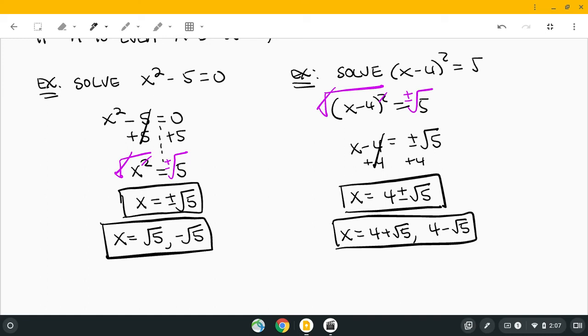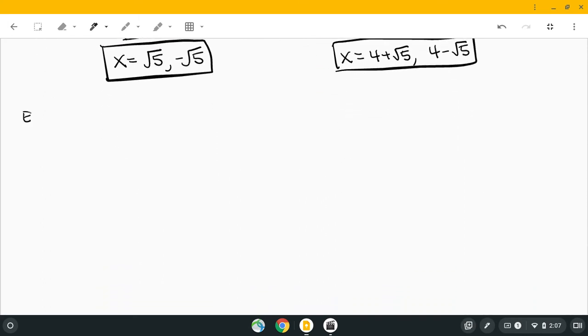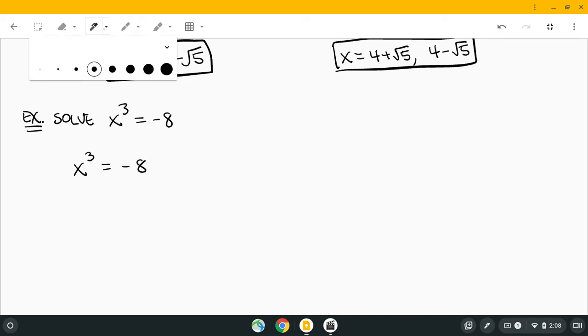All right, and let's take a look at some higher powers. Let's go ahead and solve x cubed equals negative 8. So again, if you need to cancel out a power, then you use the root.